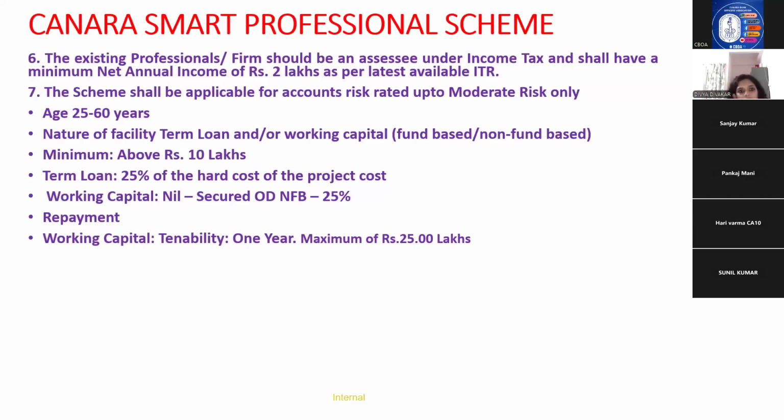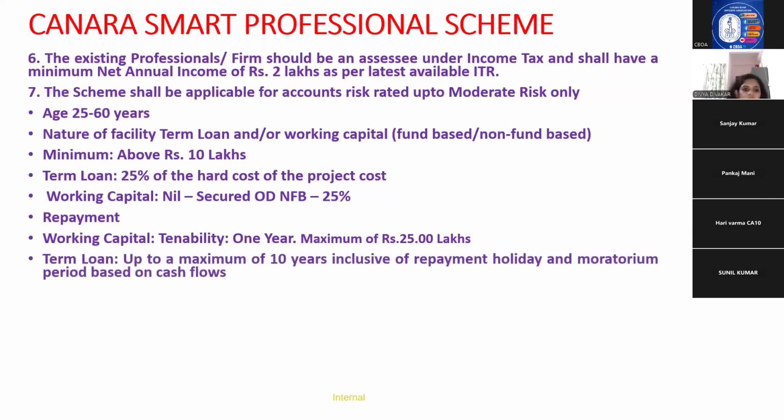Non-fund based has to be 25%. Repayment: working capital, normally the tenability is for 1 year, maximum of 25 lakhs; term loan to a maximum of 10 years, inclusive of repayment holiday and moratorium period based on cash flows.